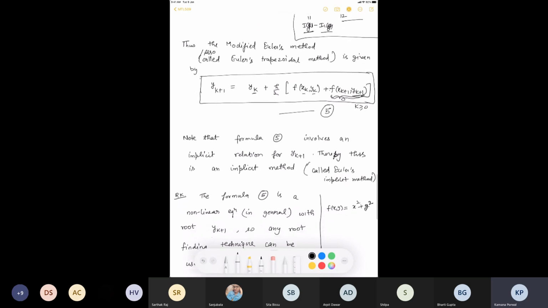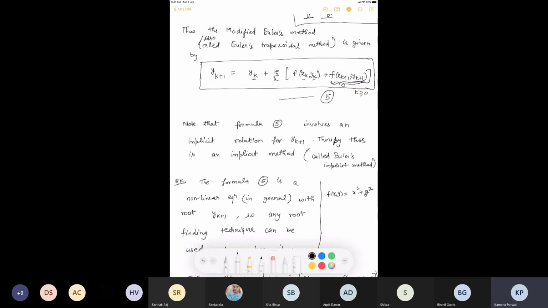So the suggestion was that the problem is the y_{k+1} we have here in the argument of f. So why don't we use a suitable approximation of this term, so that we don't require y_{k+1} to compute it? We can use the previous data, that is, knowing y_k and x_k, right?